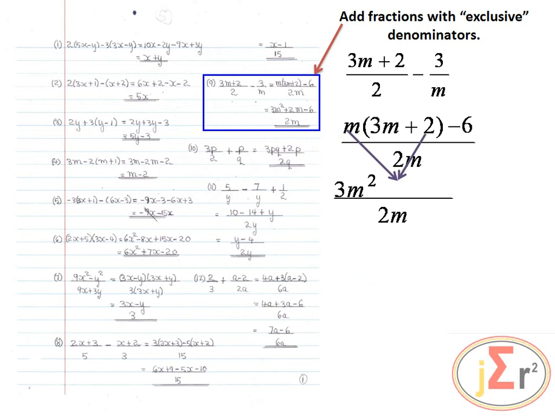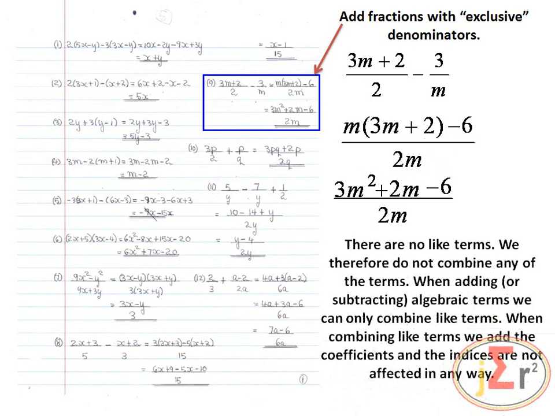And what about that? We multiply m by 2, we get 2m, and we have what? A negative 6 right there. And finally, there are no like terms. We therefore do not combine any of the terms.